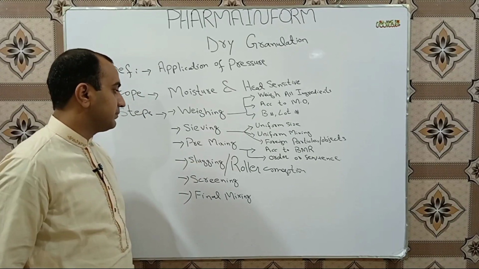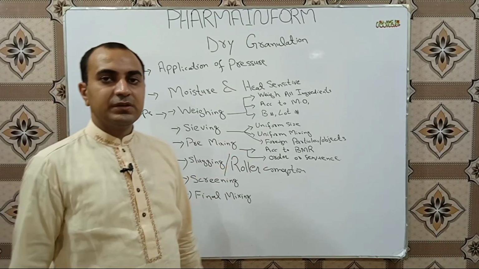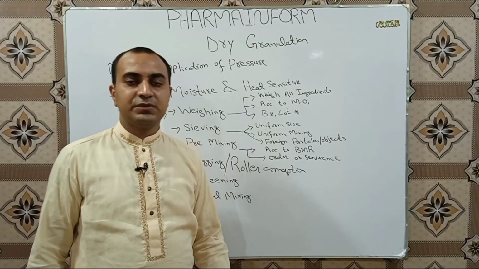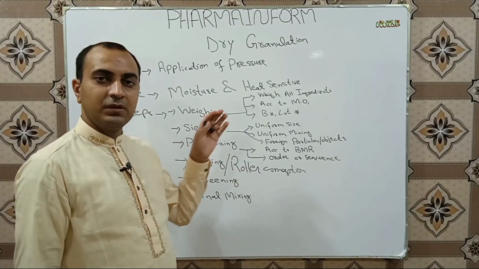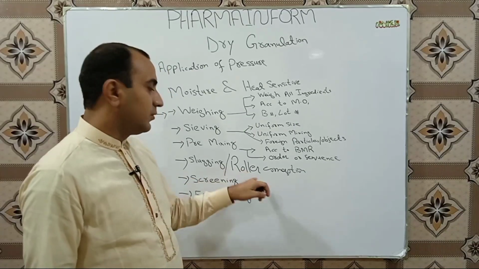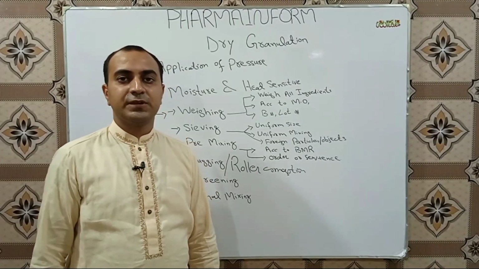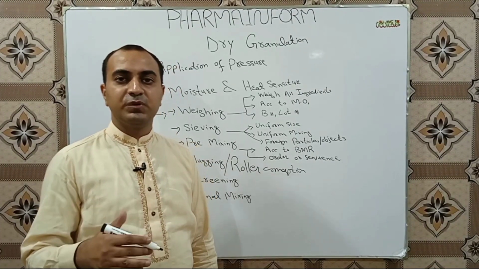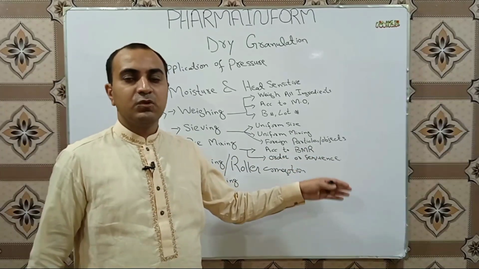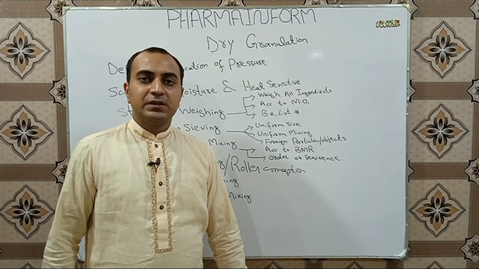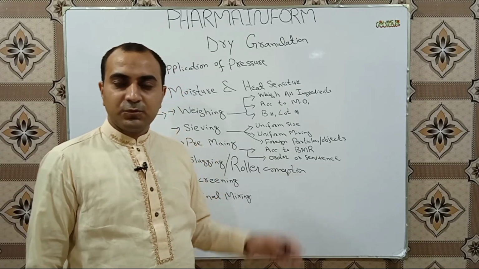Next step is pre-mixing. Pre-mixing is also the same as in wet granulation. Basically pre-mixing, as the name indicates, is the mixing before slugging or roller compaction. In the pre-mixing step we use the same order of mixing as we discussed in wet granulation. For a brief overview, you can use API, diluents or colorants for pre-mixing.